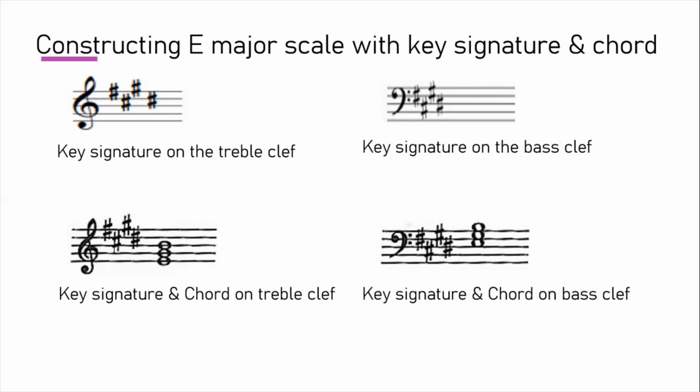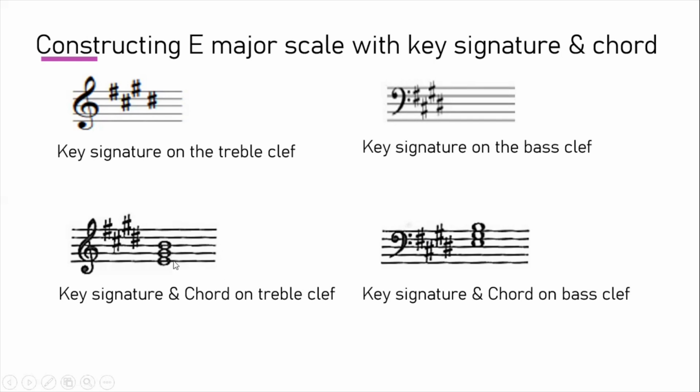And also on the bass clef as well, it's drawn there for us. So when we see these sharps, we know the kind of notes we are constructing and dealing with here. So also when we go down as well, we have it there.